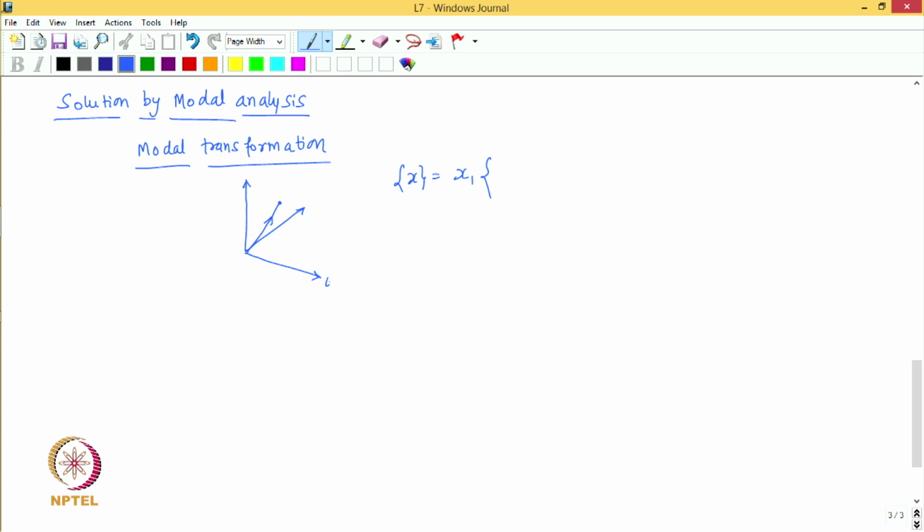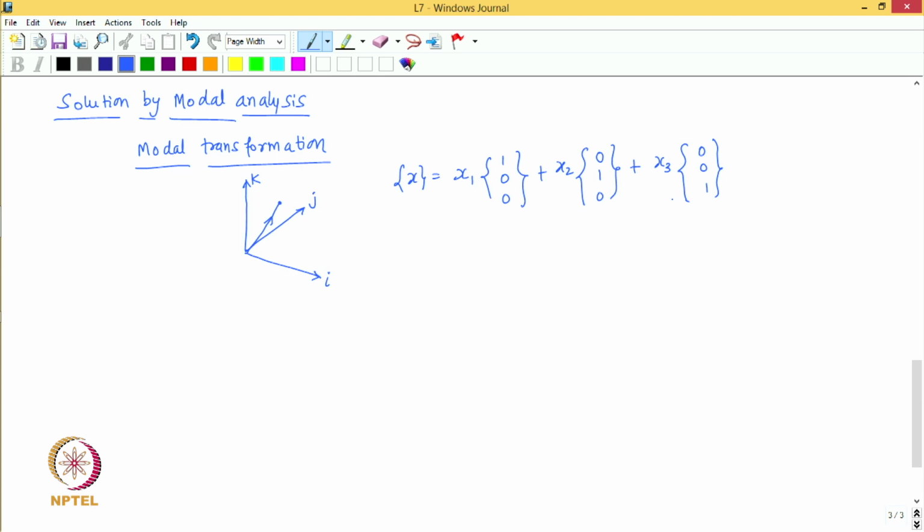In this case, if I say this is the vector i, this is vector j and this is vector k, then I can represent this vector as x1 times 1 0 0 plus x2 times 0 1 0 and x3 times 0 0 1.